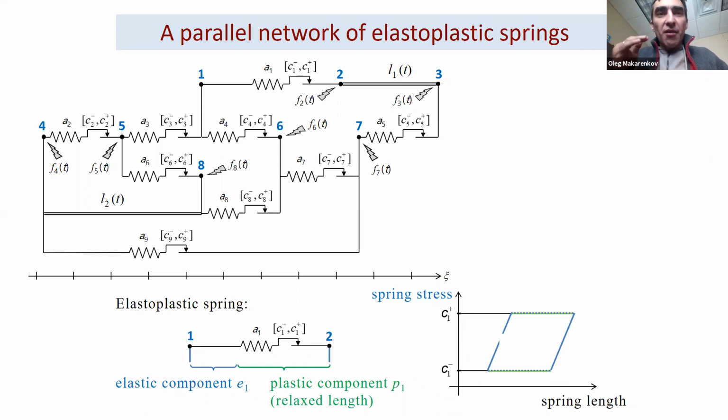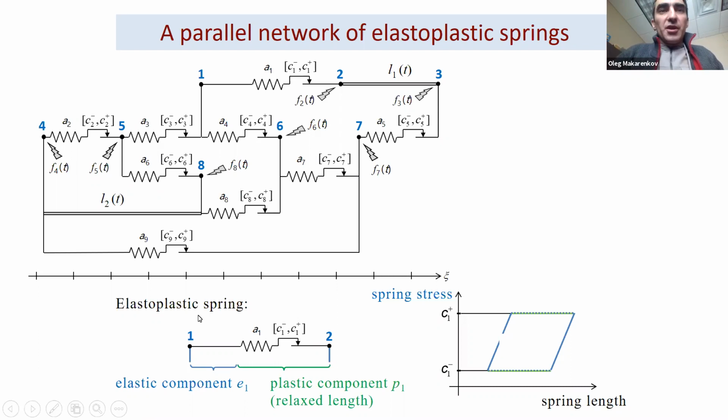Every spring is elastoplastic. It means, as in Elisa's talk, that it has an elastic component and a plastic component. She didn't have springs, but I have the same for springs. When the stress of the spring reaches the elastic limits, the plastic component of the length of the spring starts changing.